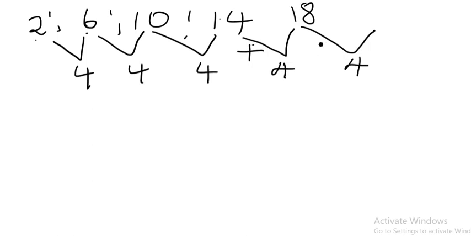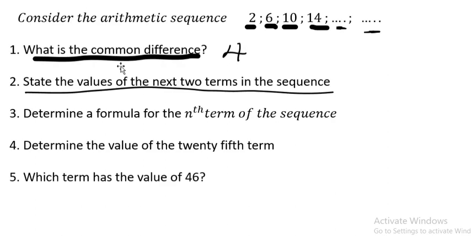Then we add 18 and 4, that gives us 22. These are our next 2 terms: 18 and 22 as our answer.